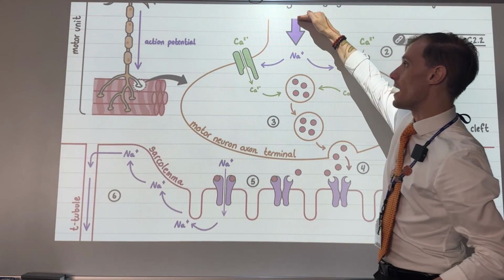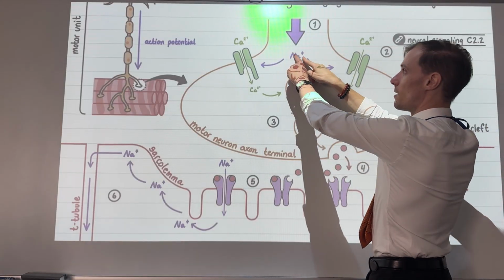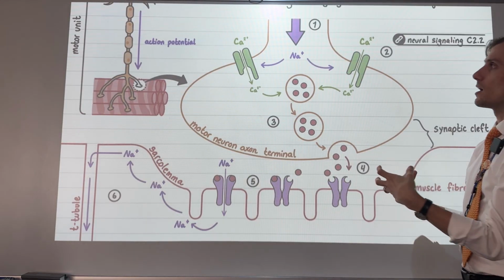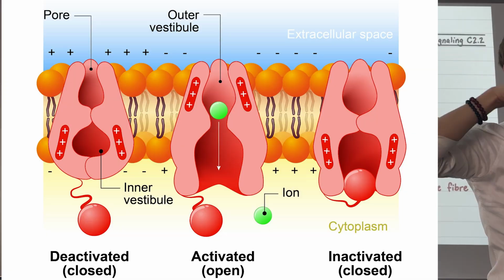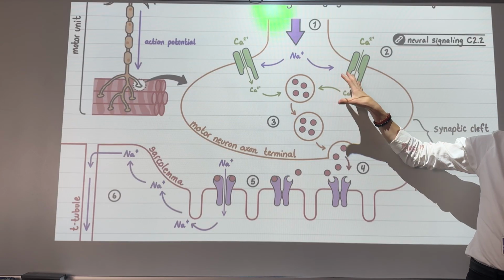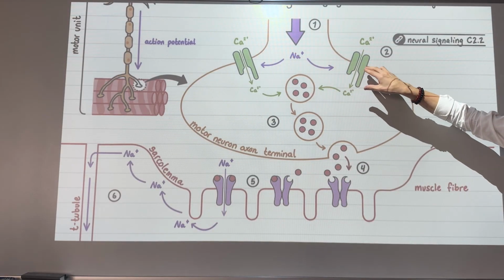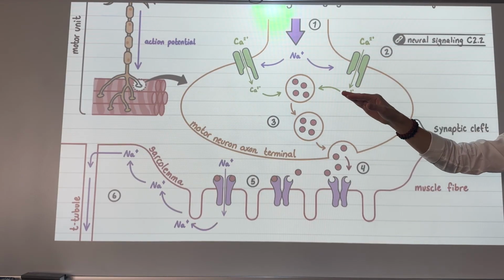So an action potential is coming down. Now sodium, which is really what an action potential is, it's a huge influx of sodium. Sodium is now going to cause a different voltage gated channel to open. Take a look at this diagram. If sodium is opening voltage gated calcium channels, look at the direction of calcium.